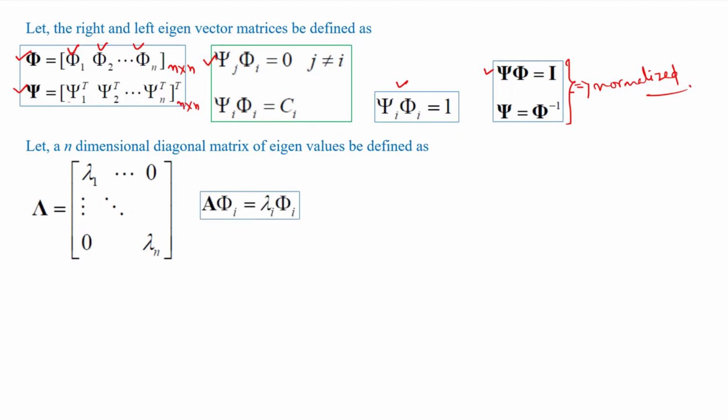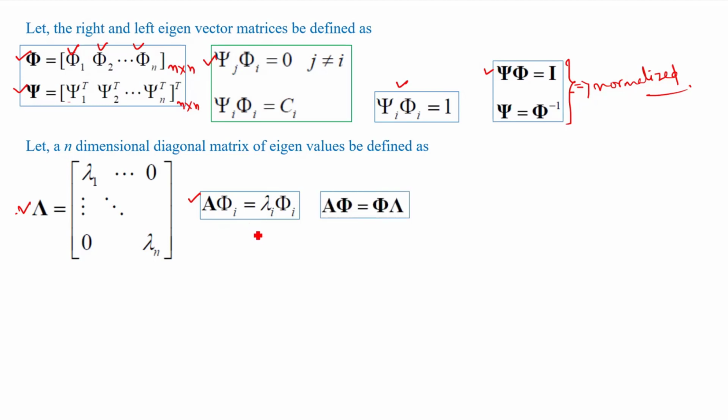Now we'll use this representation in the equation. We know that the system state matrix A, multiplied with the right eigenvector corresponding to the ith eigenvalue, is equal to the ith eigenvalue multiplied with the same right eigenvector.